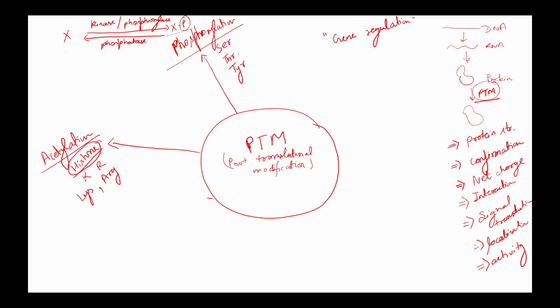So there are several sites of histone that get modified. For example, the H3K9 residue. As we know, our histone is made up of four subunits: H2A, H2B, H3 and H4. And in the H3 subunit, the ninth residue, which is lysine, gets acetylated.